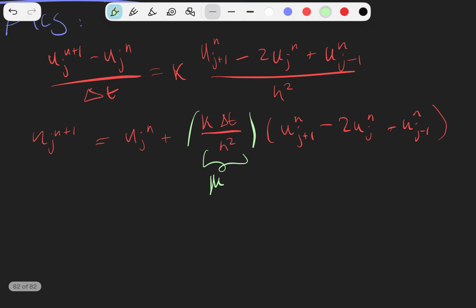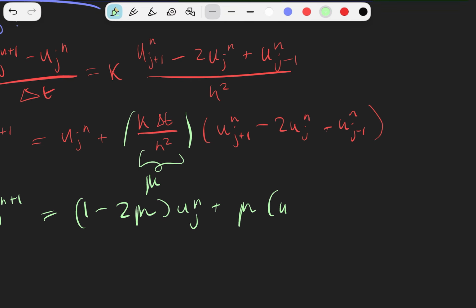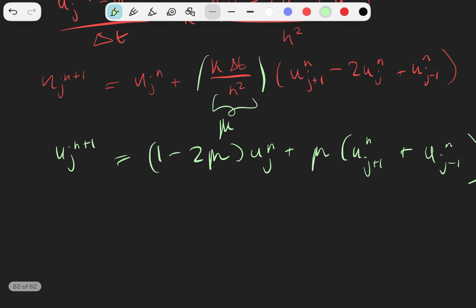And we can further simplify this. So this would just be u_j^{n+1} equals (1 minus 2 mu) u_j^n plus mu (u_{j+1}^n plus u_{j-1}^n). Boom.